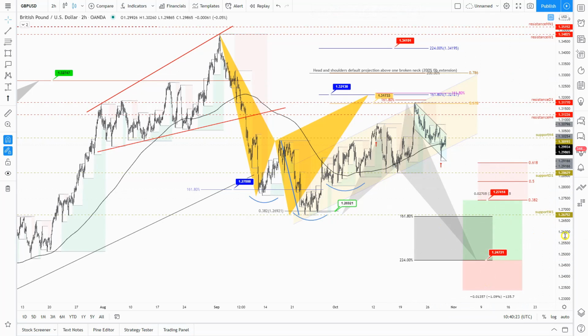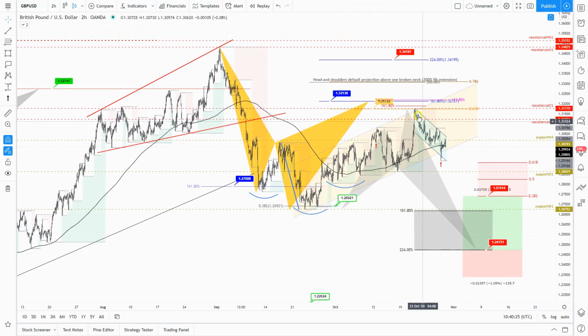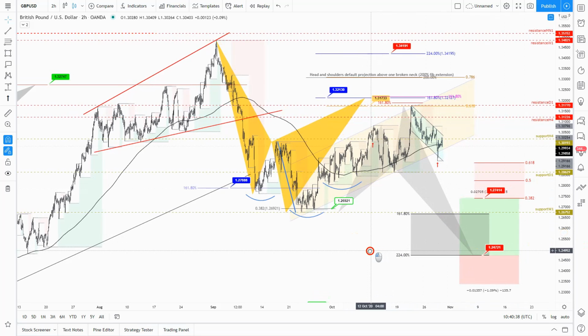But the idea is to try to identify those patterns, and obviously those patterns are not printed yet, so this is pure speculation, and I use it as an example just for the risk-reward that those patterns may offer you.